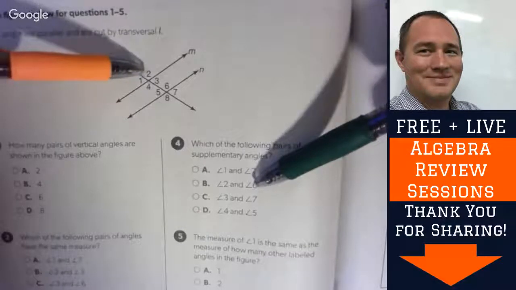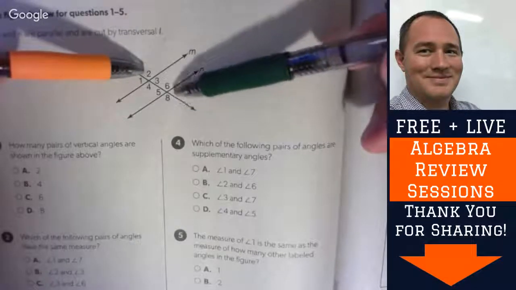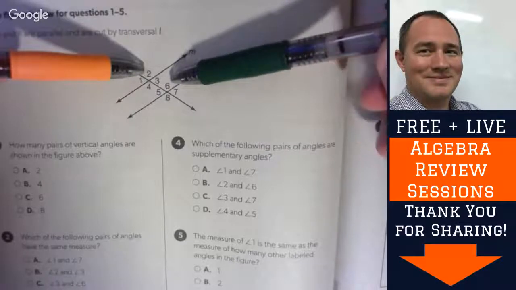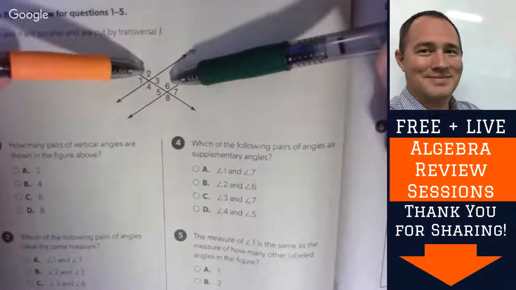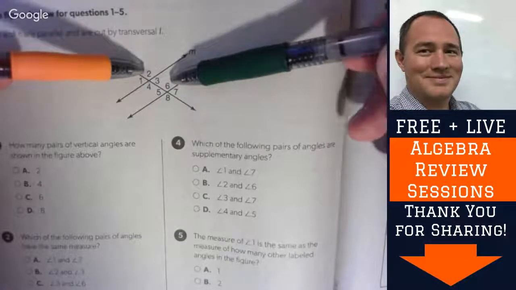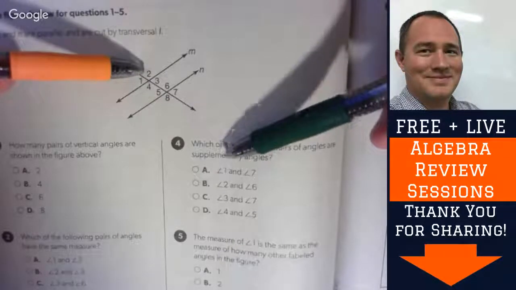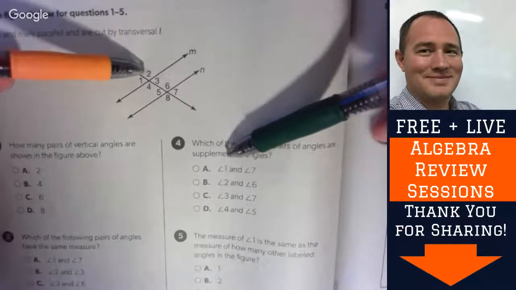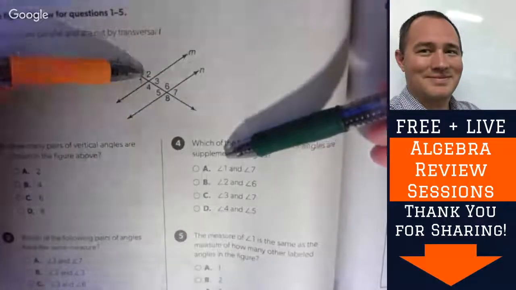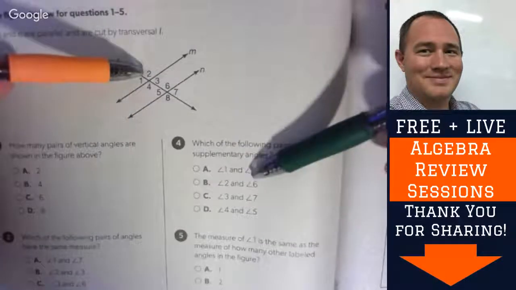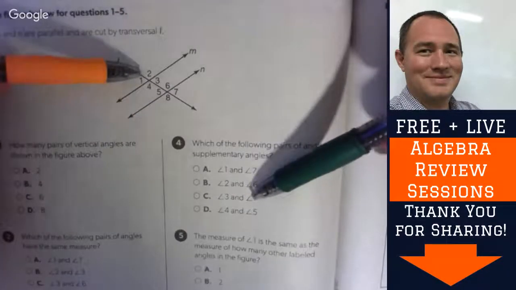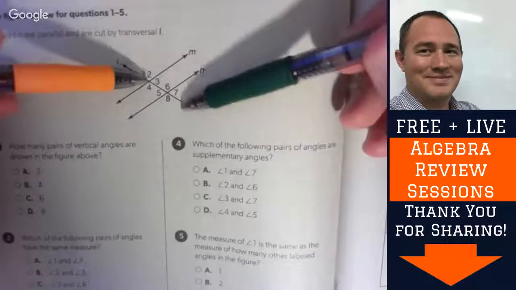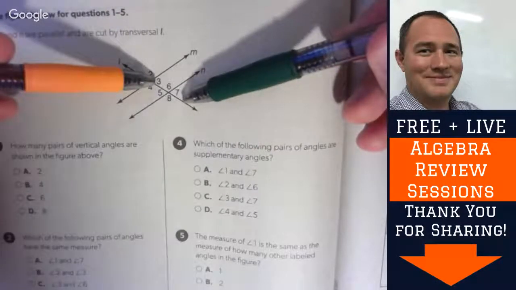2 and 6, those would be corresponding angles. They have the same measure, so they'd be equal but not supplementary. Remember, supplementary means they add up to 180. So 2 and 6, no. How about 3 and 7? Again, those would be corresponding angles.